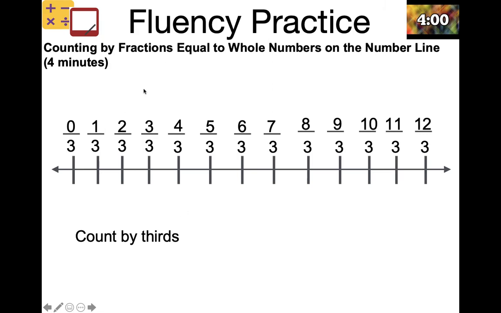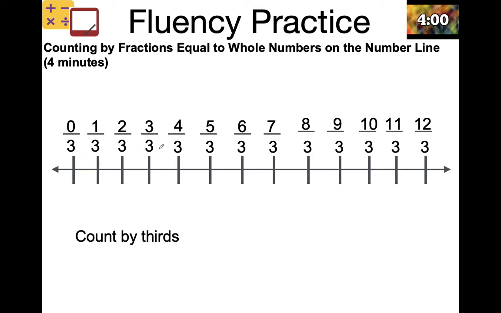Before we go on to our application problem, I'm going to use the highlighter to highlight where our whole numbers would be. If we're talking about thirds, that means between 2 whole numbers there should be 3 equal spaces.